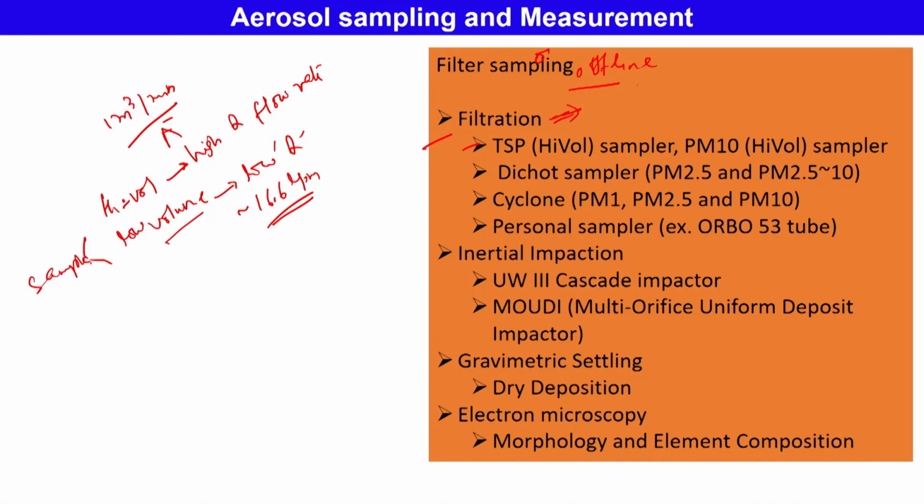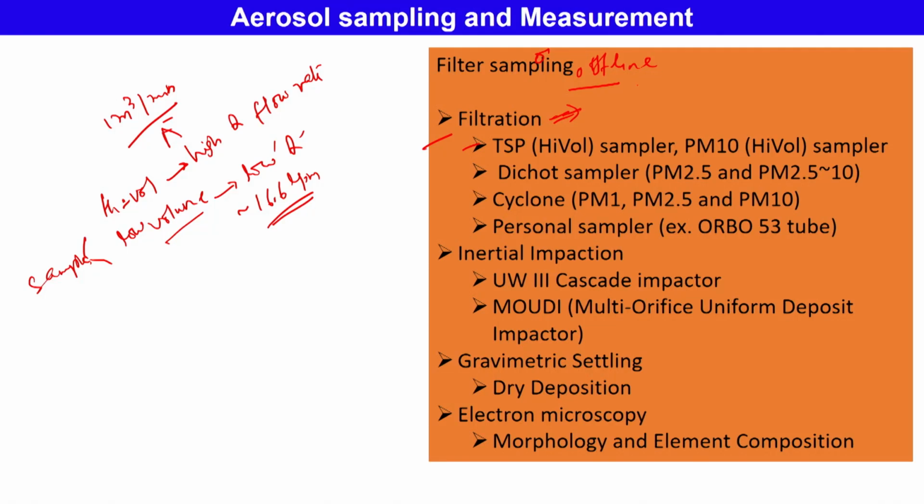For example, if you are doing sampling, the high volume sampler becomes very important, especially for pristine environments and high altitude sites. Low volume samplers have their own idea, because, of course, there are problems; I will discuss that later.